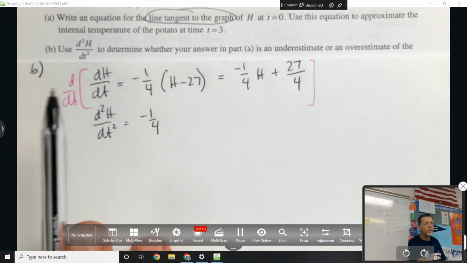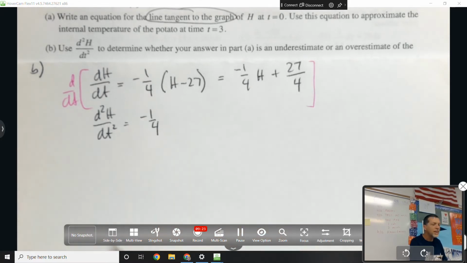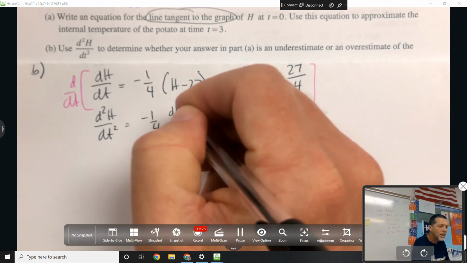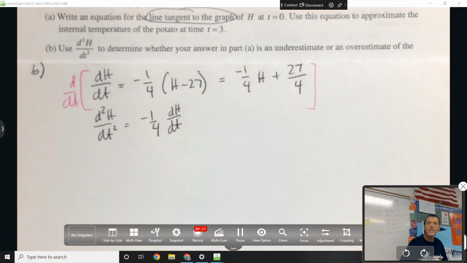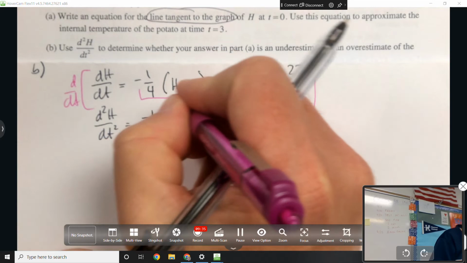If it was the derivative with respect to h, the h would go away and you'd get negative 1/4. But since it's with respect to t, it's just going to be negative 1/4 dh/dt. Which maybe seems strange, but I have an expression for dh/dt.